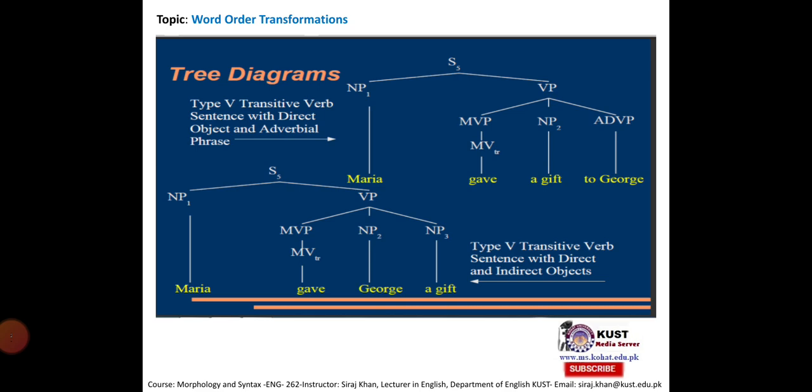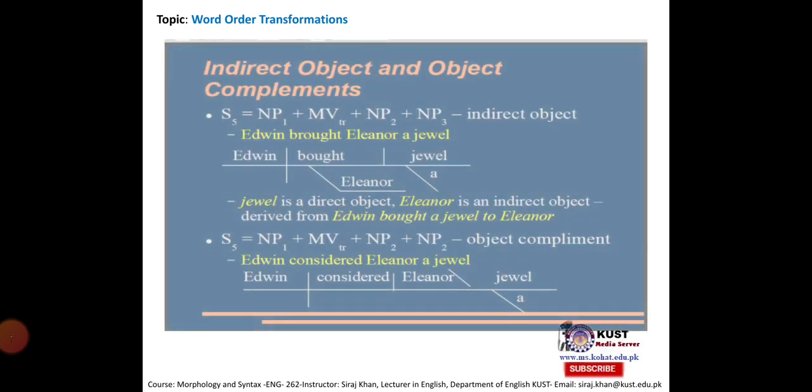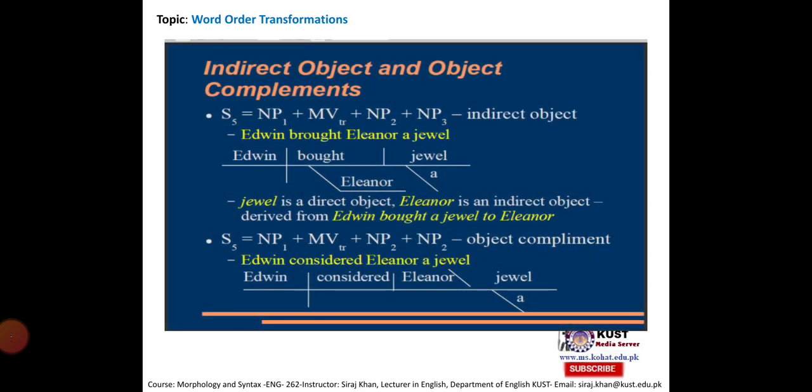In the second, now type V transitive verb, sentence with direct and indirect objects. So Maria gave George a gift: George is the indirect object, and a gift is the direct object. Indirect object and object complements, like sentence: noun phrase 1 plus main verb plus noun phrase 2 plus noun phrase 3.